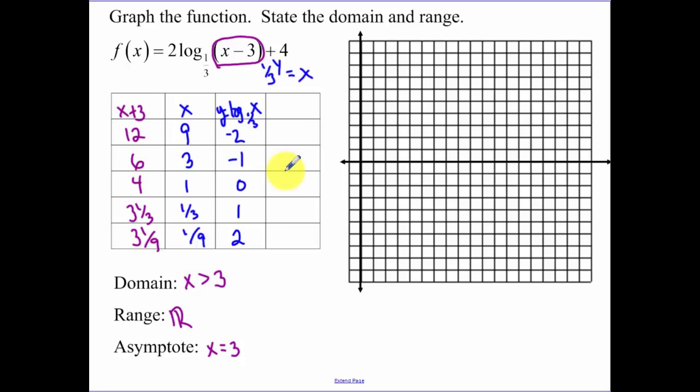Now, the translation on your y, we have a vertical stretch of 2, y, plus 4. Now I'm plugging in these y values into that equation to get my y values. So I get 0, 2, 4, 6, and 8. Now again, you're plotting the far columns versus each other.